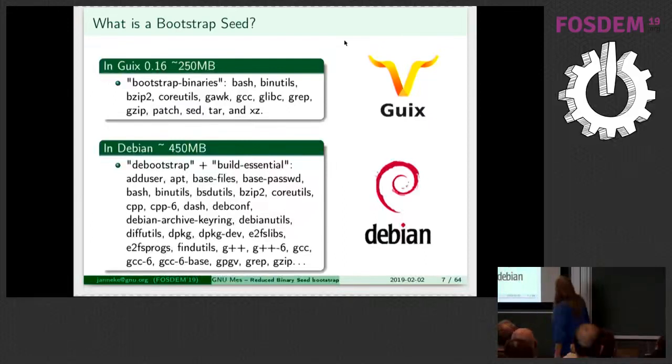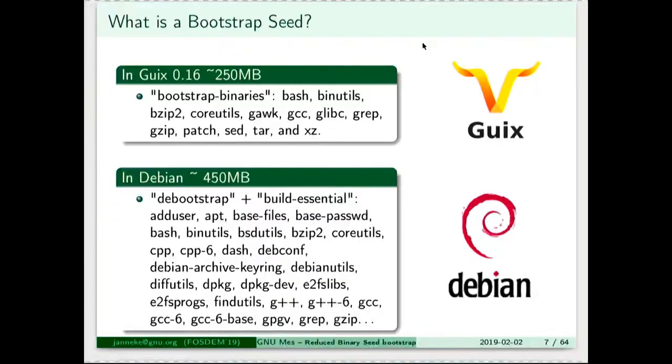So, a binary seed. If we look at Guix, the current version, 0.16, it uses 250 megabytes of opaque binaries that we use to build the whole software distribution.